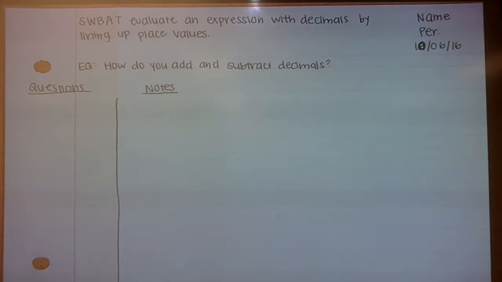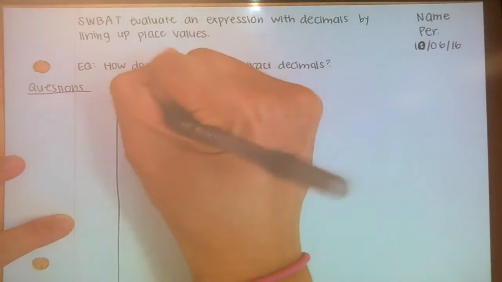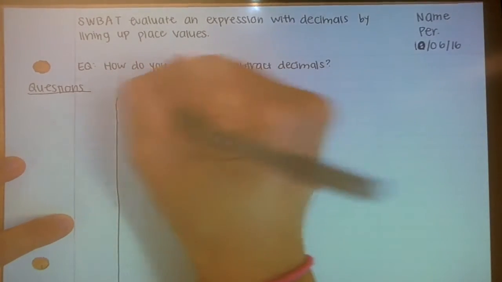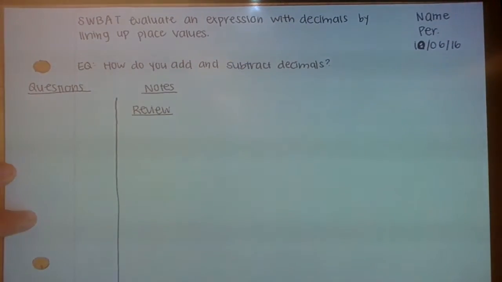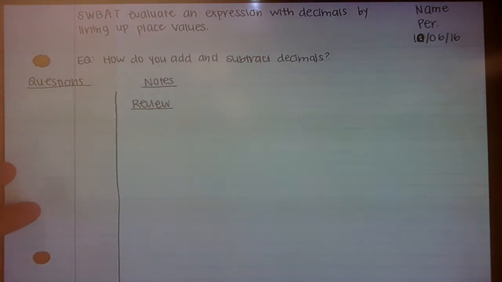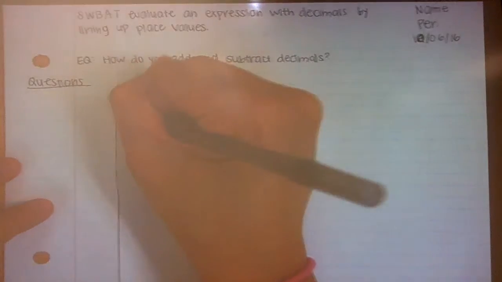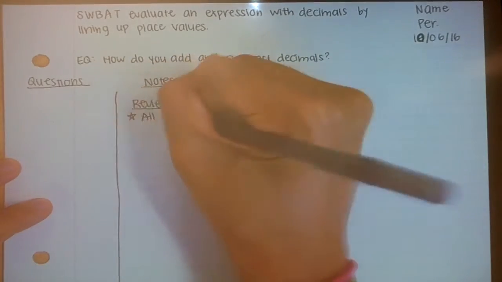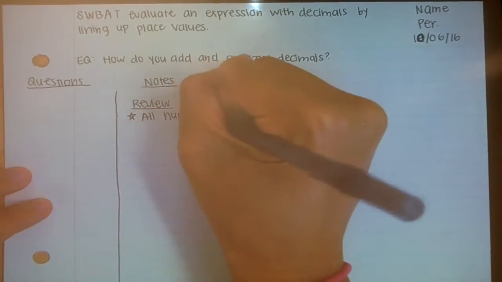Okay, so before we begin with adding and subtracting decimals, we're going to go ahead and review some things about decimals that will help us with today's lesson. So let's review. First thing we need to remember is that all numbers can be turned into a decimal.